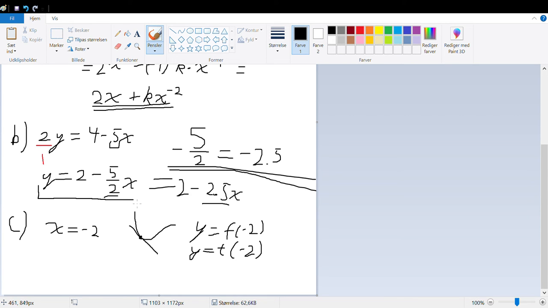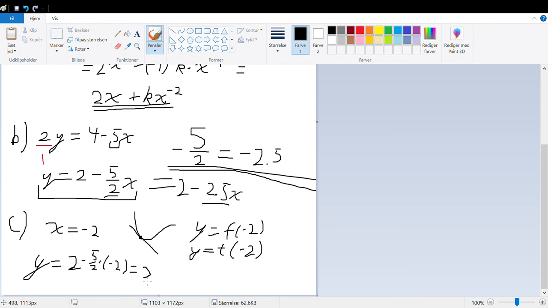y equals 2 minus 5 over 2 x. So if we do this in full, y is equal to 2 minus 5 over 2 multiplied by minus 2. And then over here, minus on a minus becomes plus. 2, we divide by and then multiply by, so it goes away.